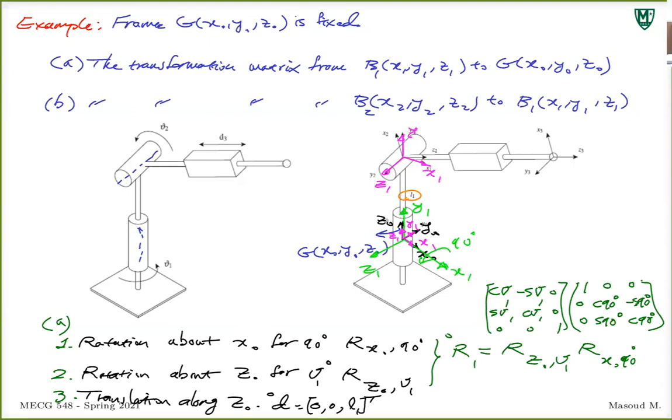Now I said, well, if we start from where we want to go from, that's where X1, Y1, and Z1 is, and it says go from V1 to transformation matrix. So this is where we start. And start from where the first frame is. You put the second frame on where the first frame is. And I said, well, this is going to be Y1, this is going to be X1, and this is going to be Z1.